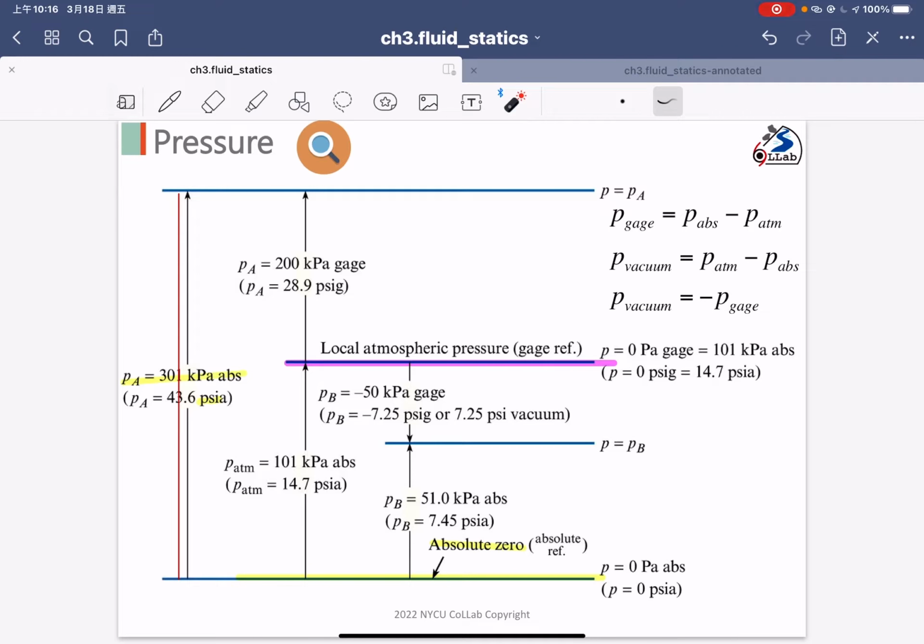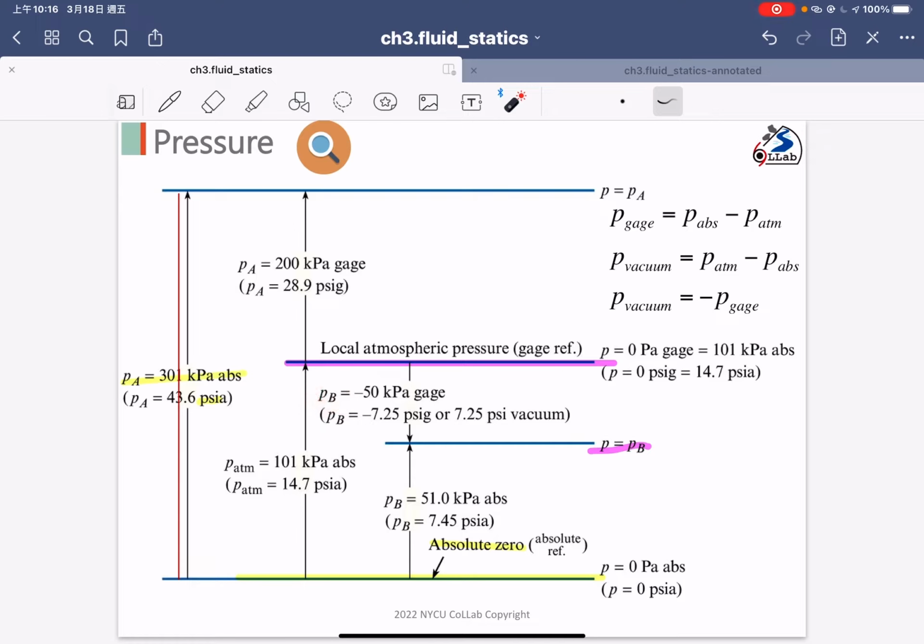And if you focus on another point in here, the P_B, the P_B clearly is lower than 1 ATM, right? The P_B in here is lower than 1 ATM. So you see the gauge pressure of the B point is negative because the absolute pressure is lower than 1 ATM.